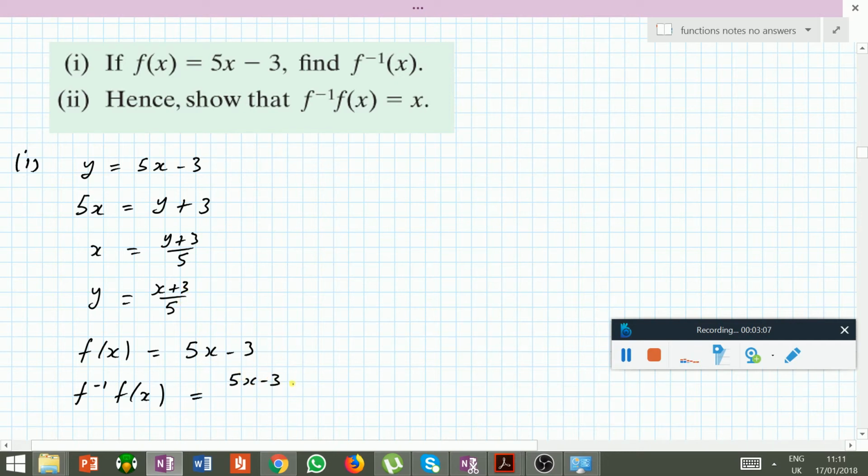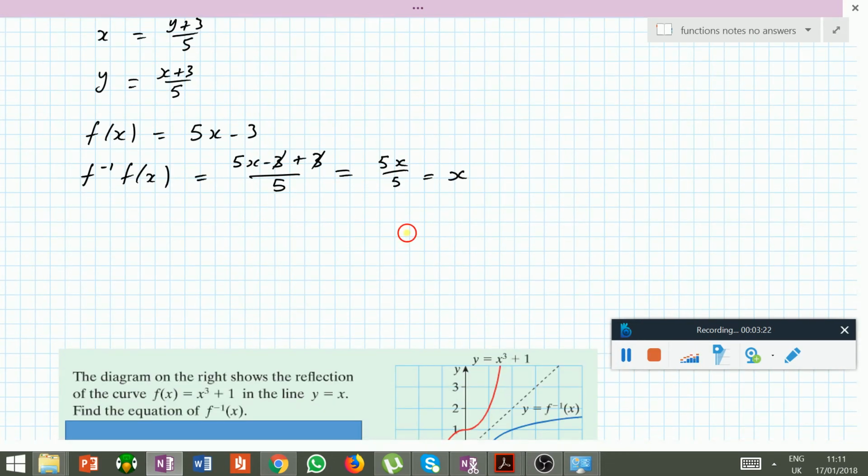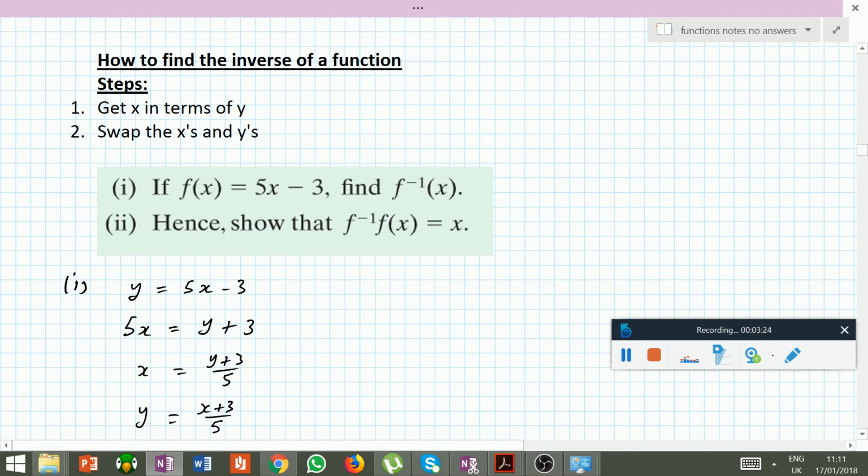And then you put plus 3, and then it's over 5. They cancel. You get 5x over 5, and that's simply equal to x. And that's what we're supposed to show.